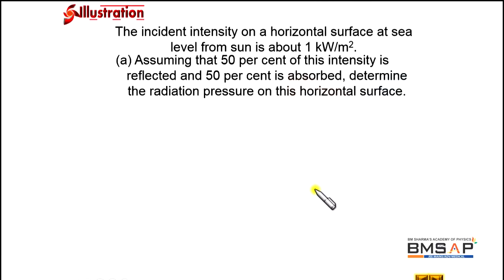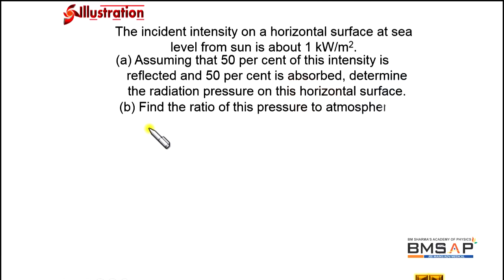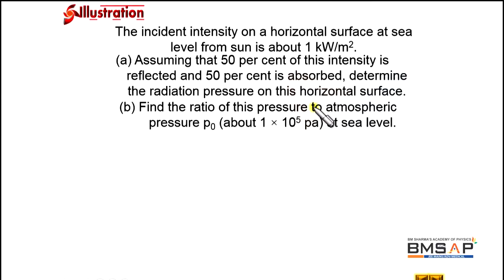In part B of the question, find the ratio of this radiation pressure to the atmospheric pressure at sea level, and this atmospheric pressure is given as 1 into 10 to the power 5 Pascal. So, let us move to the first part of the question.